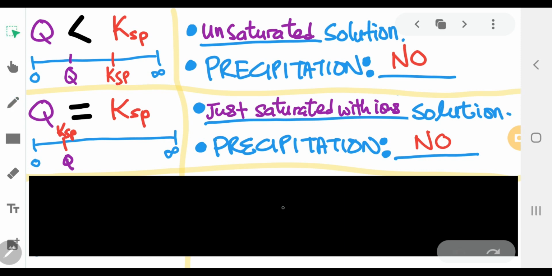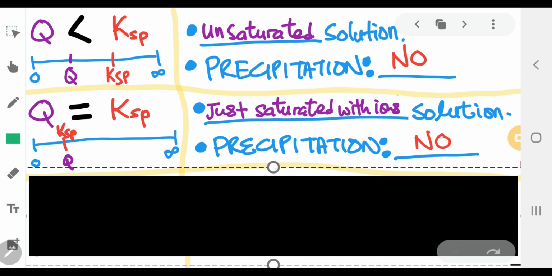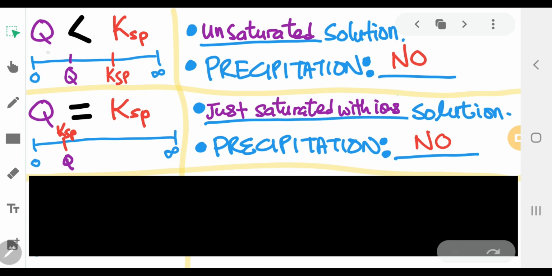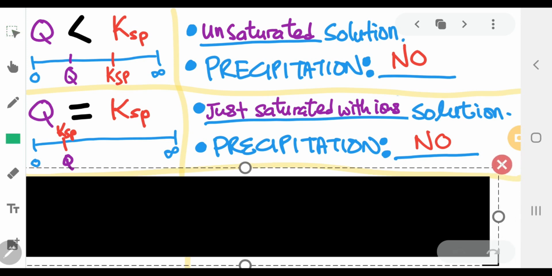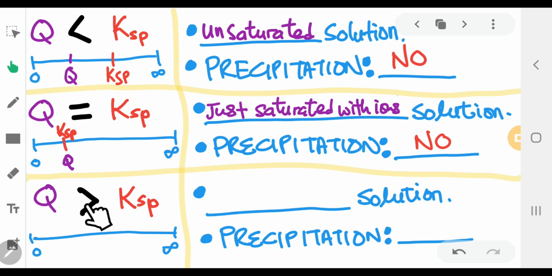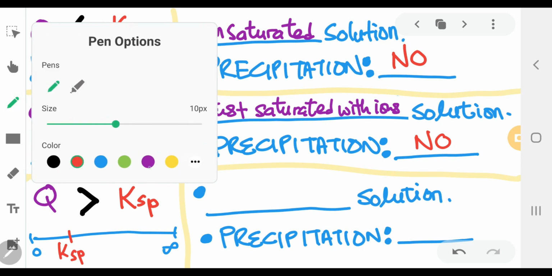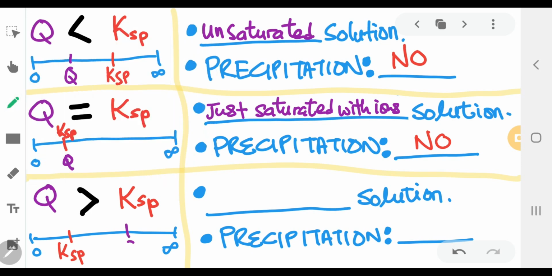The third situation that we need to look at is when we have Q bigger than Ksp. On the scale, we can imagine that the Ksp would be closer to the zero value and Q would be closer to the infinity value.